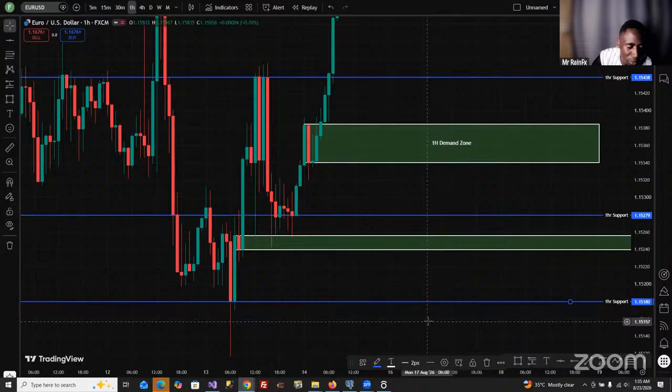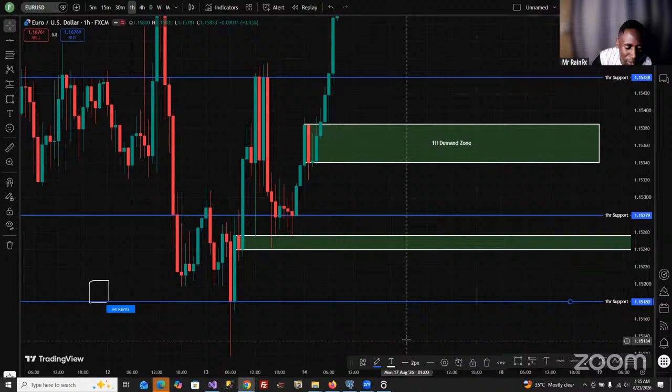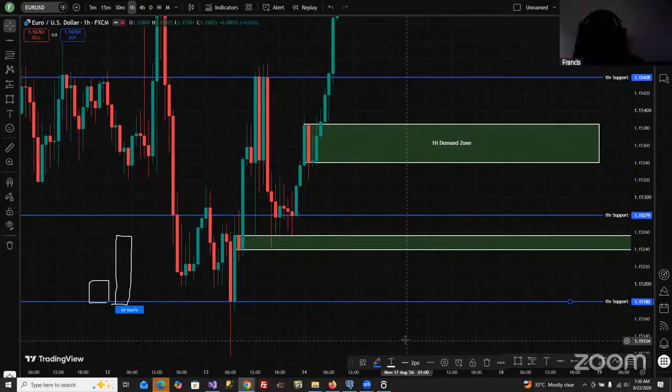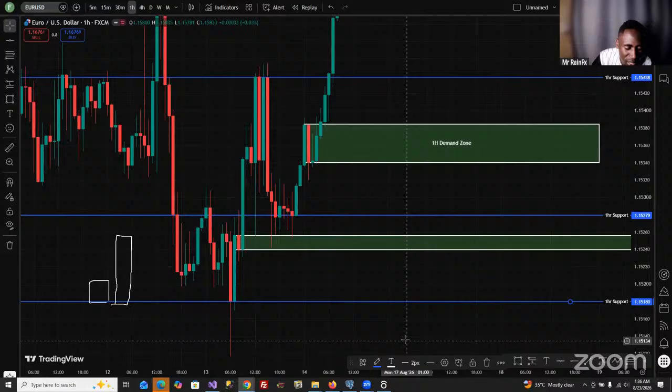At least make sure when you're looking for that engulfing candle, the green or red candle has engulfed the other one. Make sure it is much bigger, at least more than 50%. This one is below the 50%.